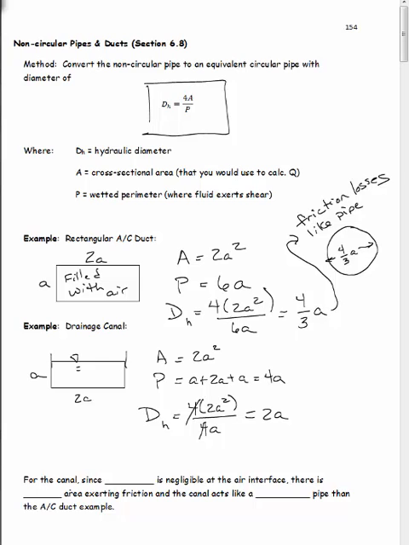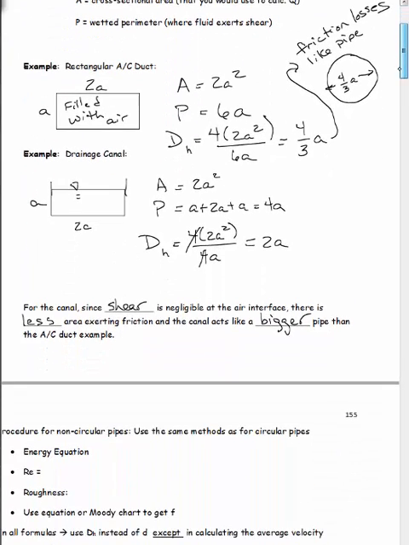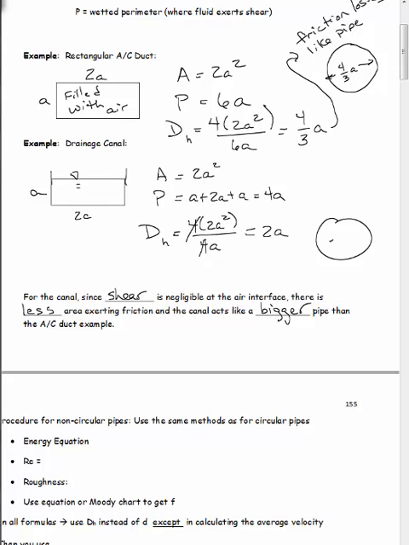So for the canal, shear is negligible at the air interface. There is less area, so there are fewer walls that are exerting friction. Okay, so the canal is going to act like a bigger pipe, because a bigger pipe has less friction than a smaller pipe, than the AC example. So we're going to have like a 2A diameter here.